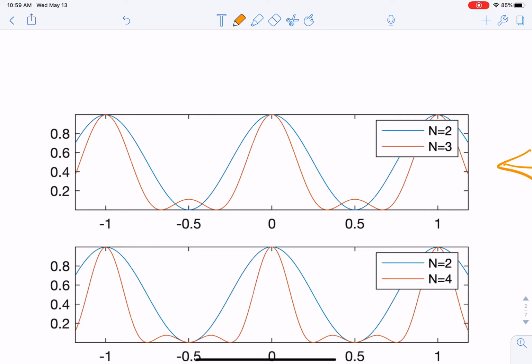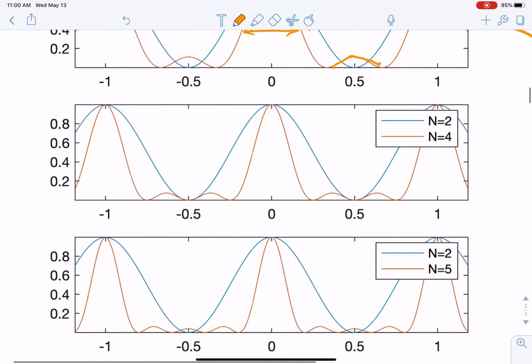Those are always the same distance as with 2. But we're adding more and more ridges. So you can see that we still have these maxima in the same place. It's just that they're a bit sharper now. When there's 2, we have a width like this, and when there's 3, it's more narrow. You'll also notice that there's a little lump here in the middle.